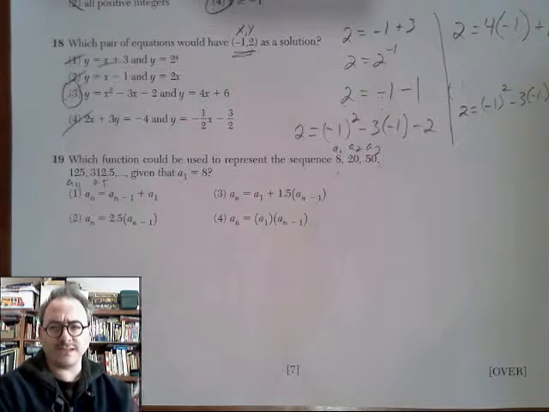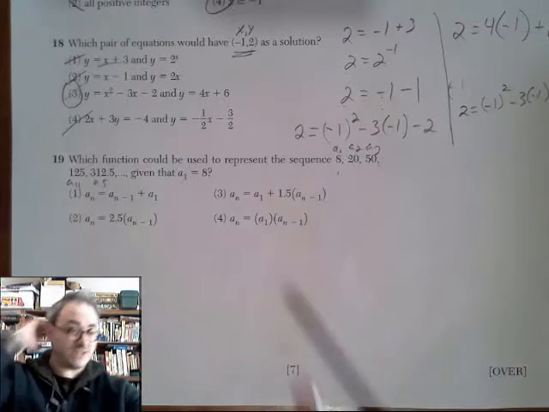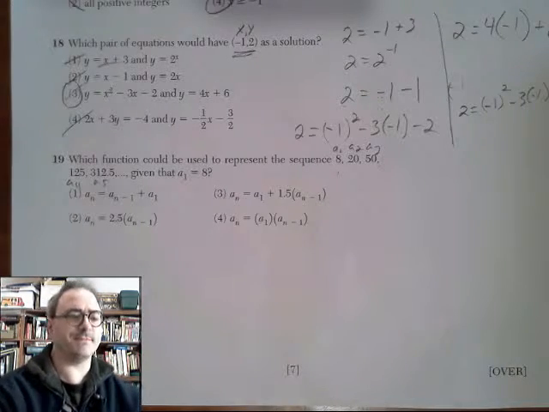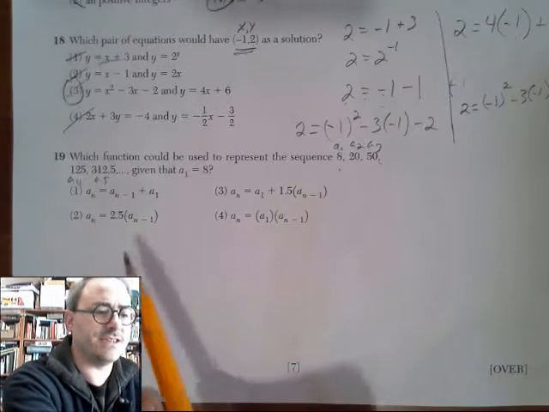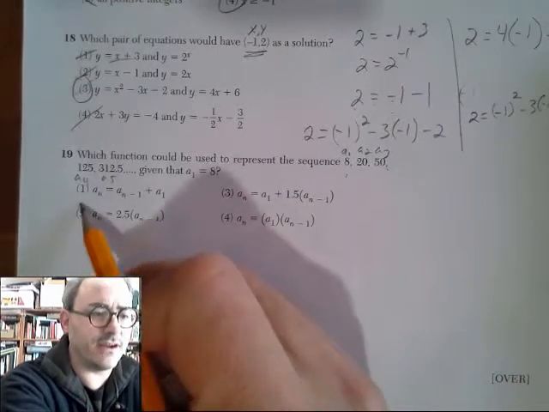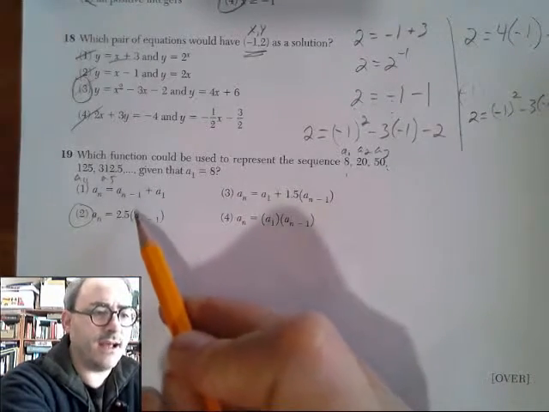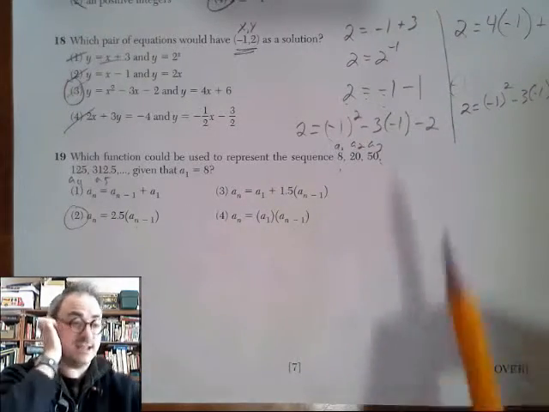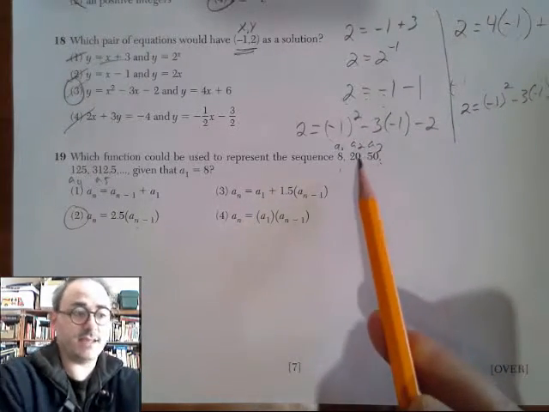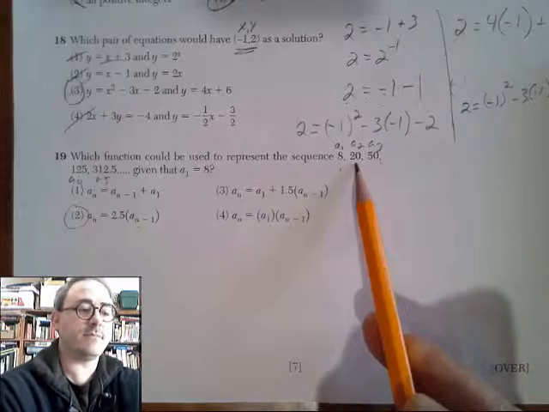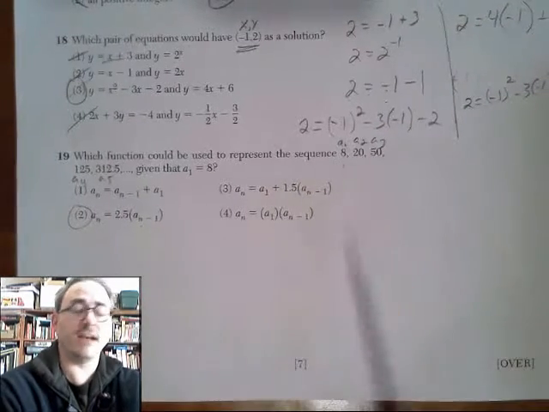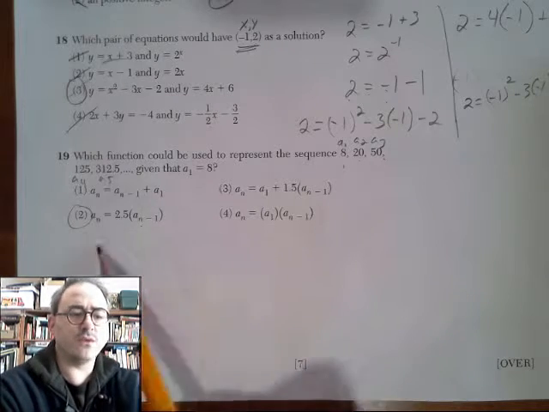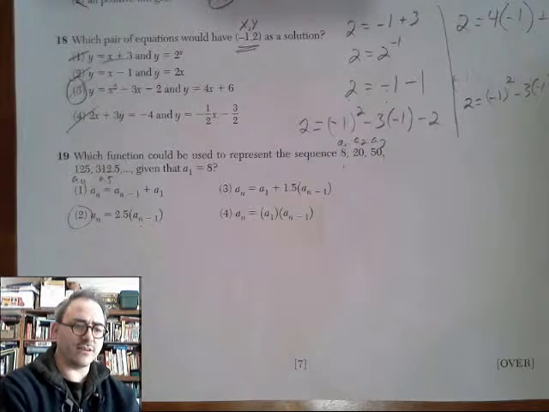Which one of these sequences is multiplying by 2.5 each time? As you can see, choice number 2 is multiplying a sub n minus 1. So it's basically saying take your previous number and multiply that by 2.5 to get the next number in the sequence. That's how you read this sequence notation here.